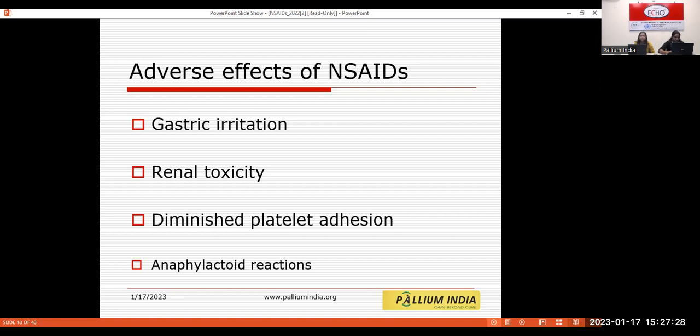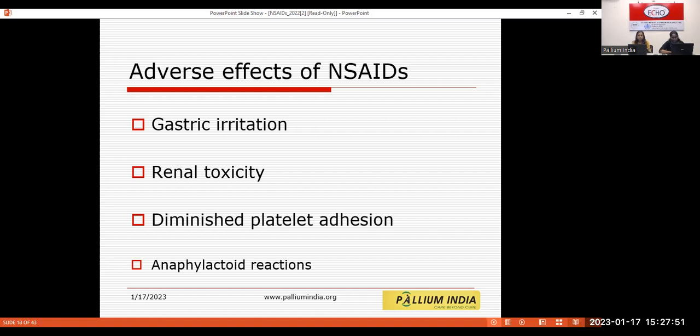So, what are the adverse effects? Gastric irritation. So, these are the things that you need to know. When the doctors prescribe NSAIDs, you have to ask the patient about the gastric irritation, about the urine output, whether they are drinking enough water, because in palliative care, most of the patients are very fragile, very weak, right? They can't drink a lot of water. They might be already dehydrated.